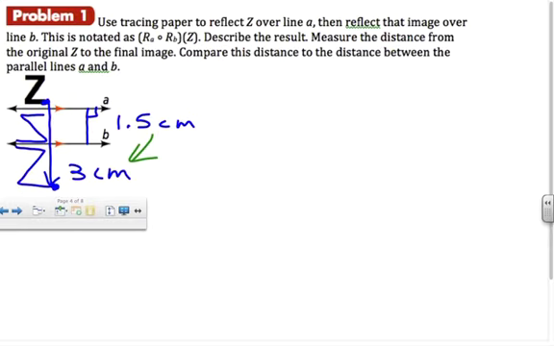That's all they're asking you to really observe here, is the fact that from the original Z to the ending Z, it's a translation.